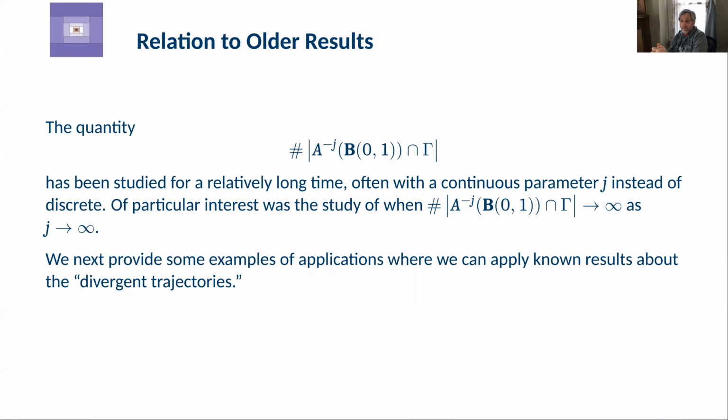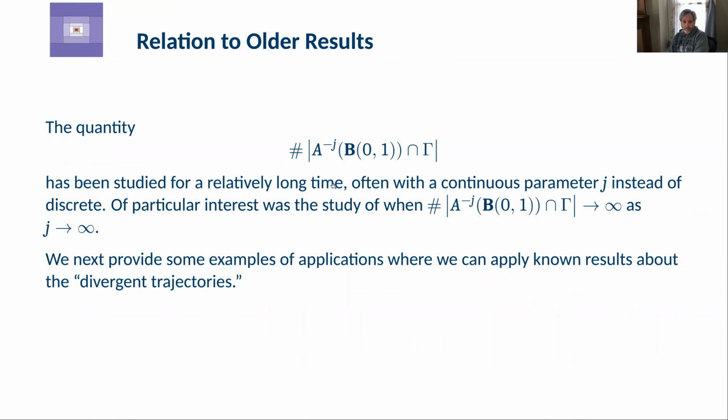This is a topic that has a pretty long history, and there are a lot of known results about understanding this cardinality. One of the reasons we chose a Euclidean ball instead of some other shape is because when people study this in the literature, they almost always choose a Euclidean ball. So that's what we're doing too, and we can use their results more easily.